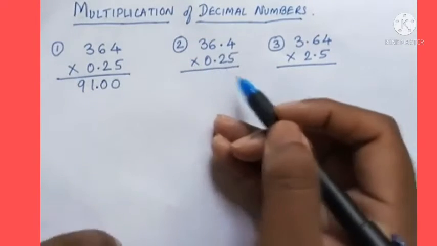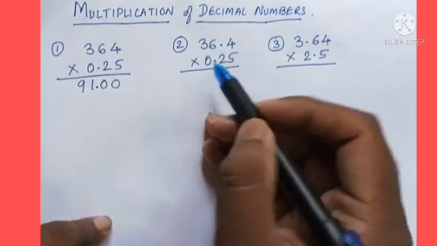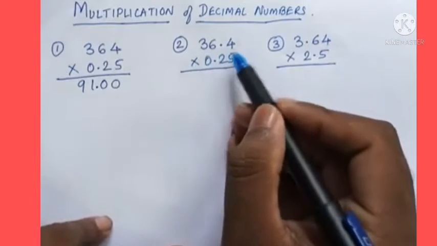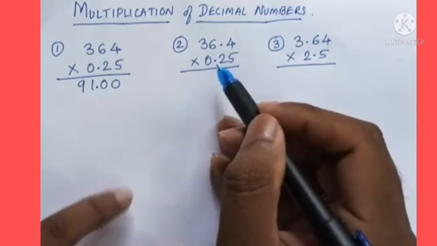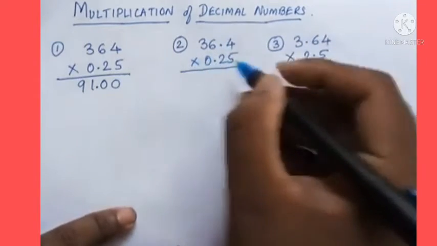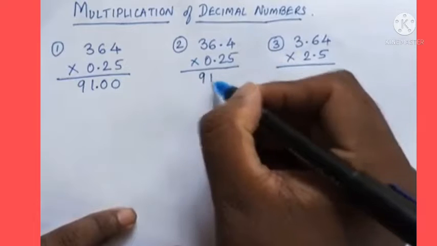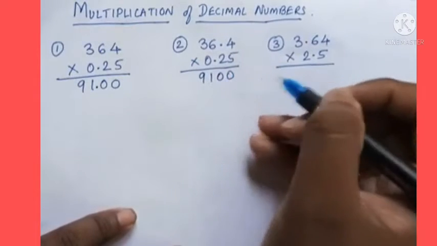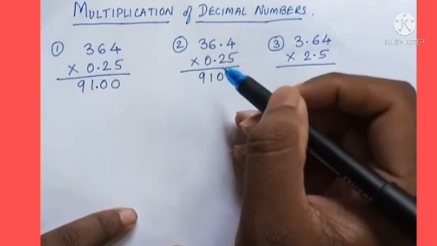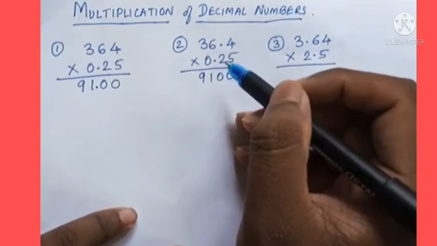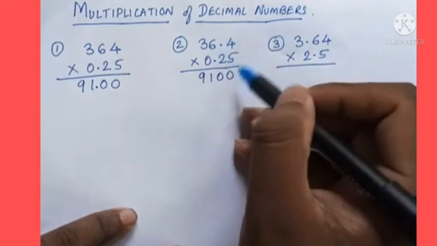Coming to the second sum, the rules are the same. We'll first multiply 364 by 25 by ignoring any decimal point in both the numbers. So the answer that we'll again get is 9100. Now for the second step, to arrive at the final answer, we have to count the total number of digits after the decimal point in both these numbers.